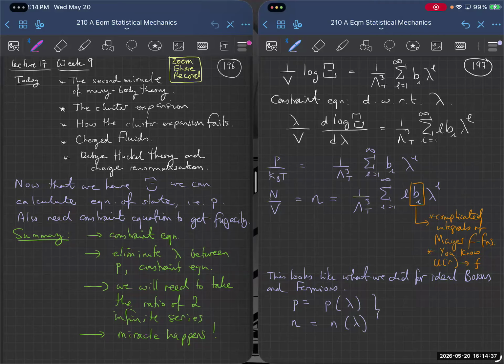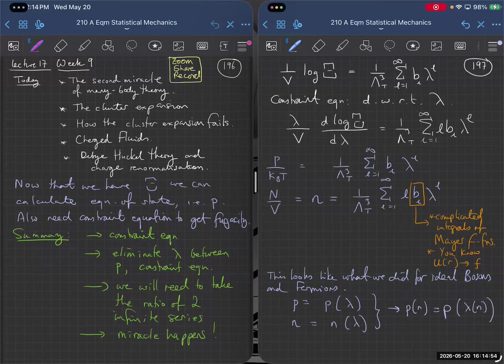And so if I want to get P as a function of n, all I have to do is say P of n is equal to P of lambda of n.